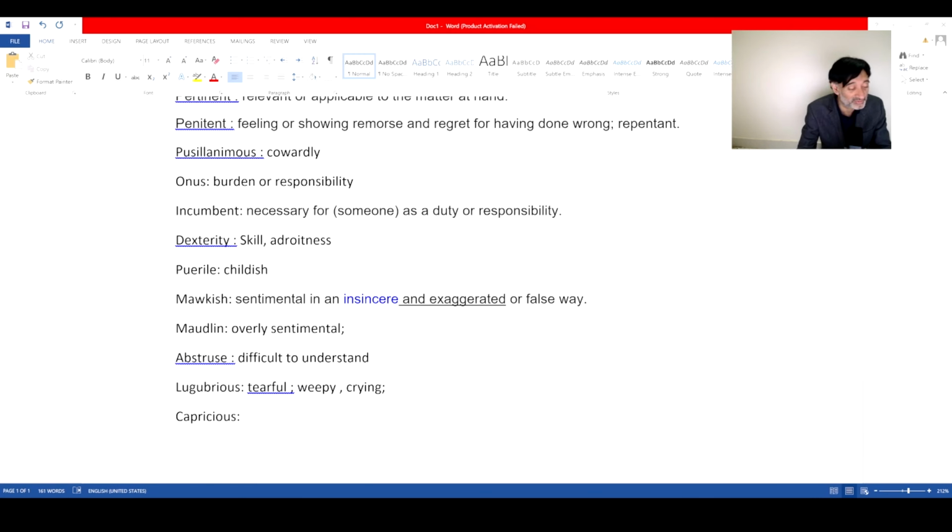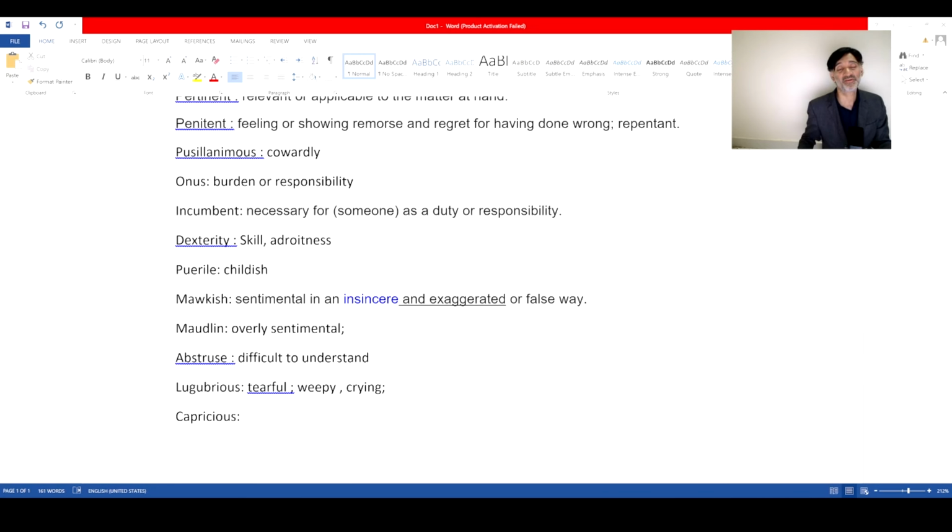So that is capricious. So the lady was very capricious, meaning unpredictable, having unpredictable mood or sentiments, right?